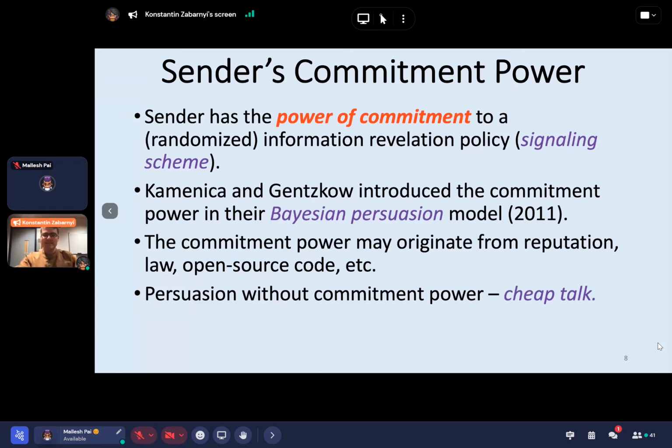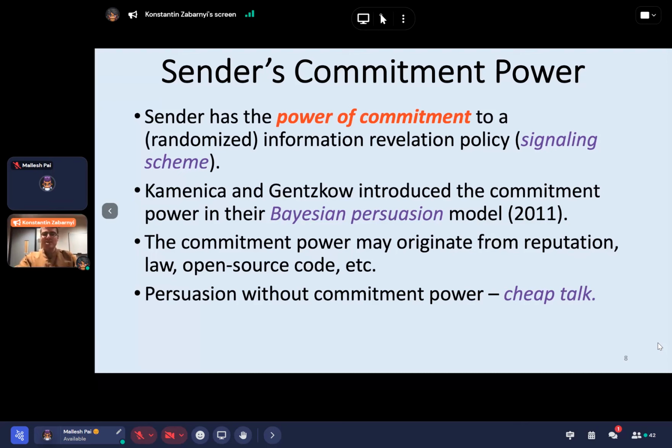And among justifications for this commitment power, we can list reputational or legal aspects, or in some applications such as online ad auctions, it can just come from implementing the auction via open source code, which is available to everybody.